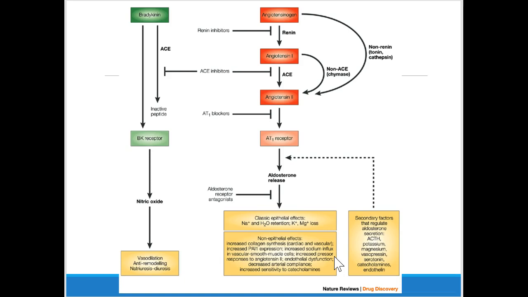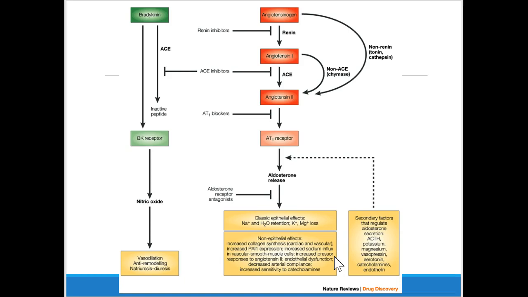ACE inhibitors: ACE is angiotensin converting enzyme, and it converts angiotensin 1 to angiotensin 2. That's a nice pharmacologic target because angiotensin 2 is a natural vasoconstrictor, usually activated due to the stress response in the body.